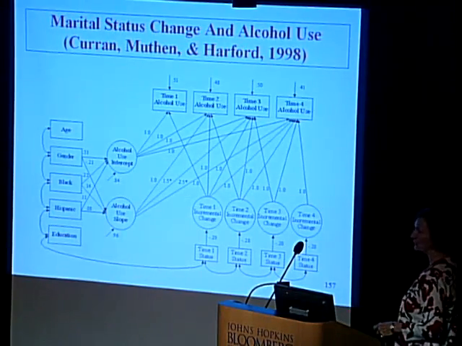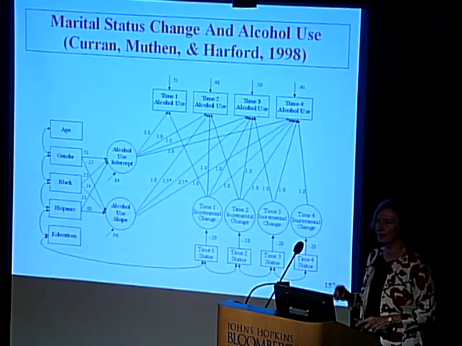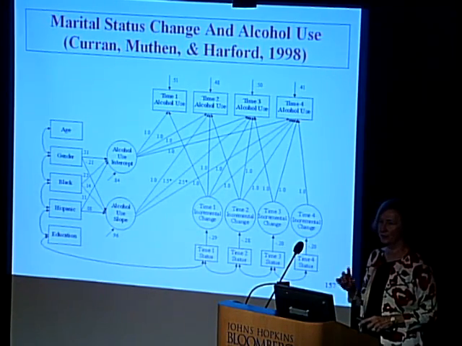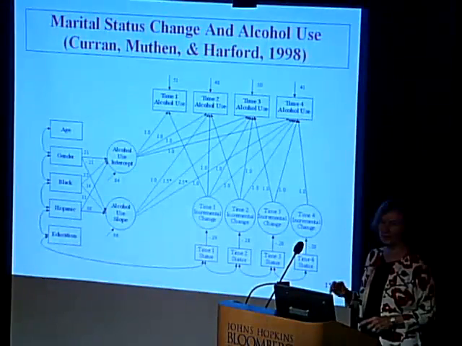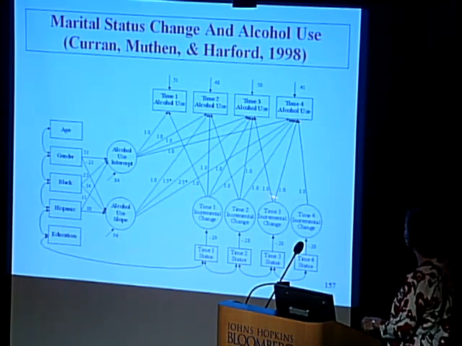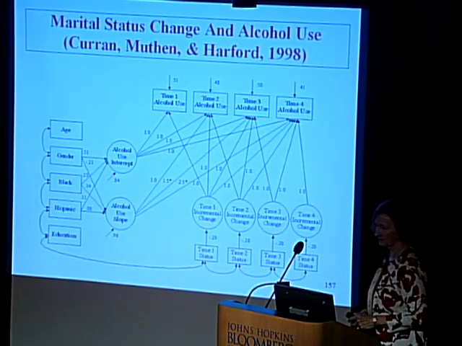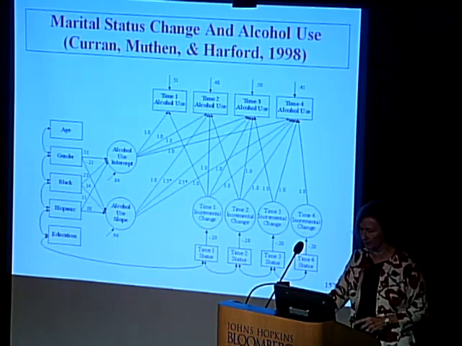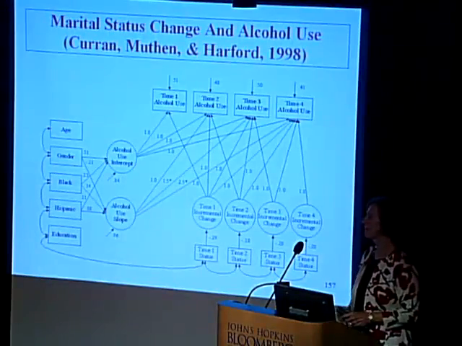So we would also have to add the statement T1 through T4 at 0. So that's to account for the fact that we're not estimating residuals, which we see in the model by no residual arrows.